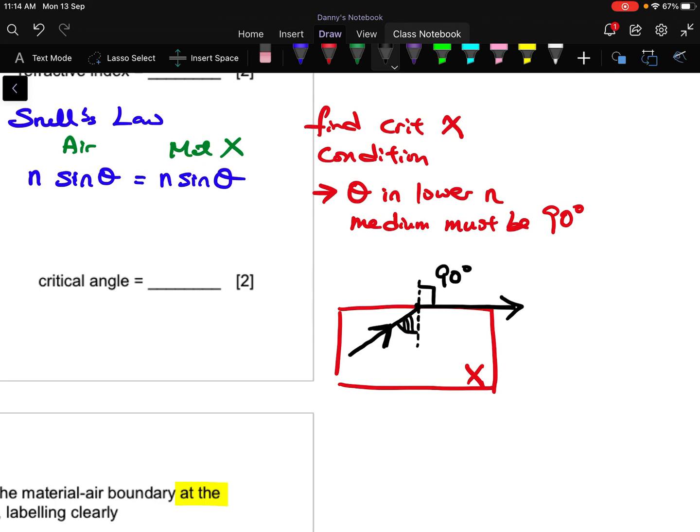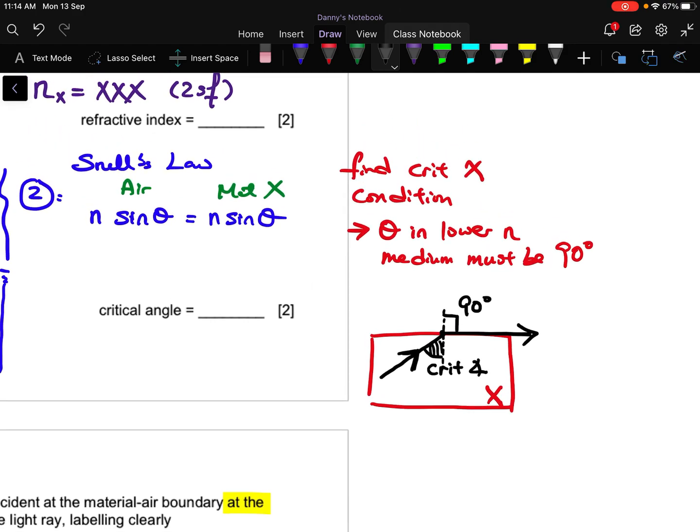When this happens, this particular incident angle, we give it a special name. It is called the critical angle.